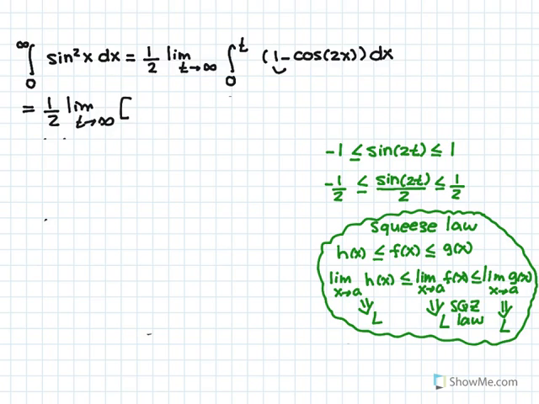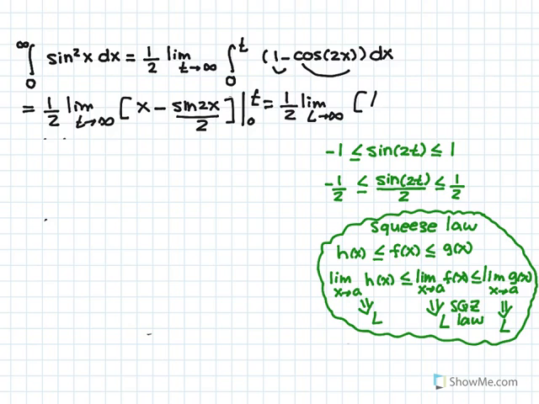Well, the antiderivative of 1 is just x, because the derivative of x is 1. What is the integral of cosine 2x? That's going to be sine 2x divided by 2. We divide by 2 because we're reversing the chain rule. And we apply the fundamental theorem of calculus from 0 to t. That's going to give us 1/2 times the limit as t goes to infinity.